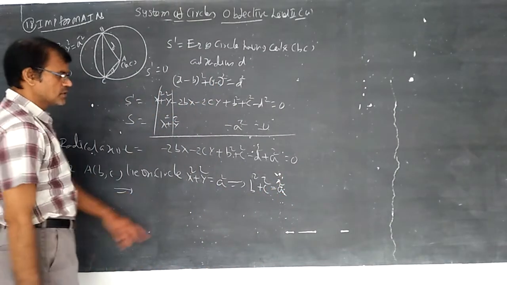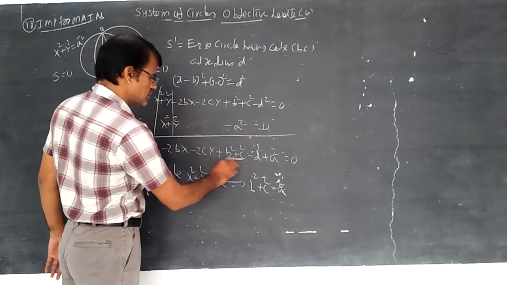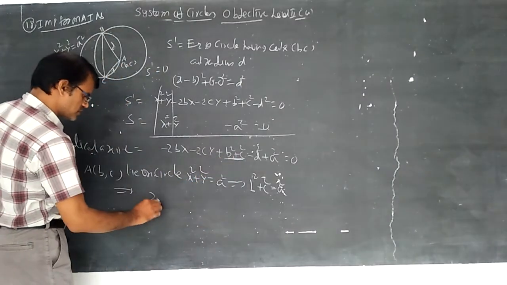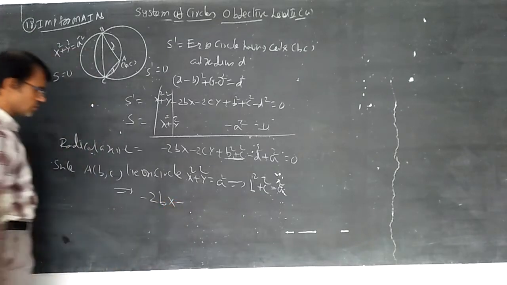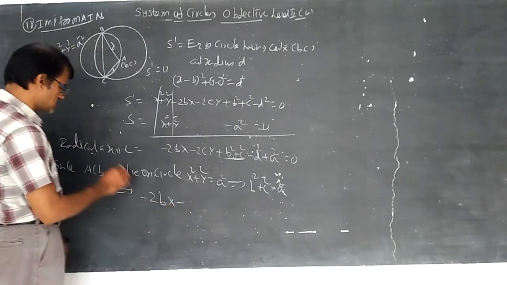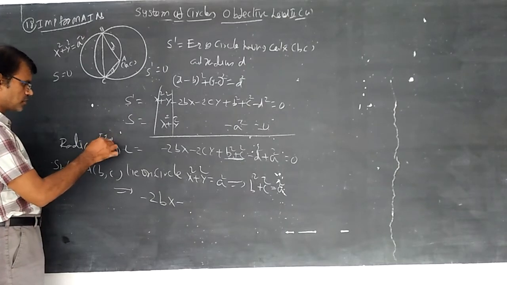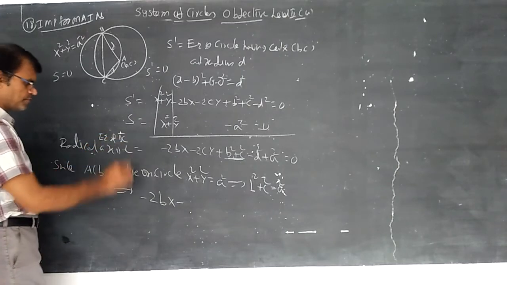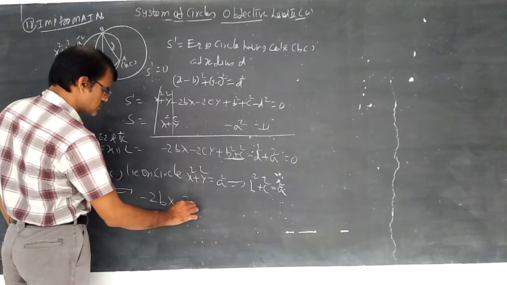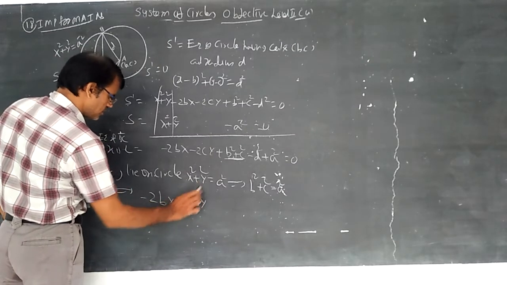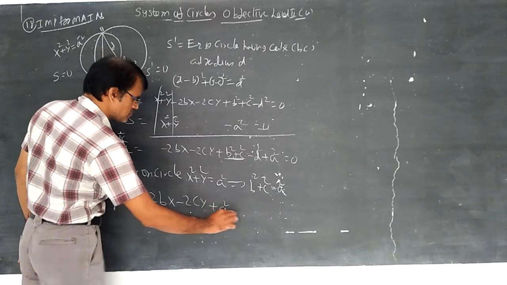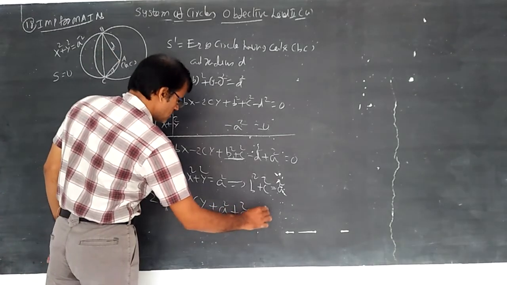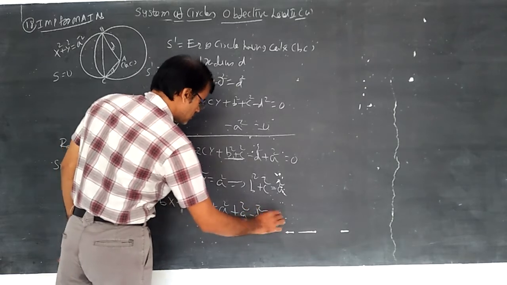So the equation of BC I am going to discuss with you. The radical axis is nothing but the equation of BC. So minus 2bx minus 2cy plus a square minus d square equal to 0.